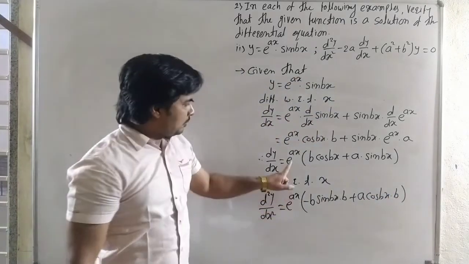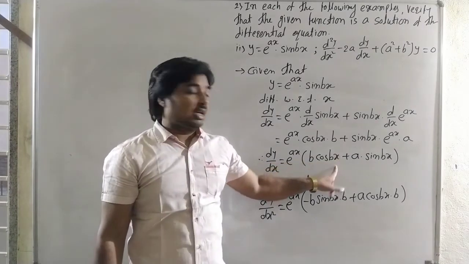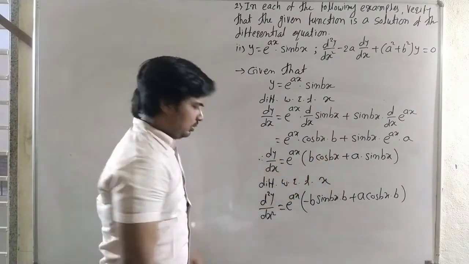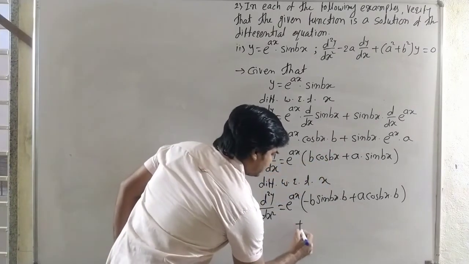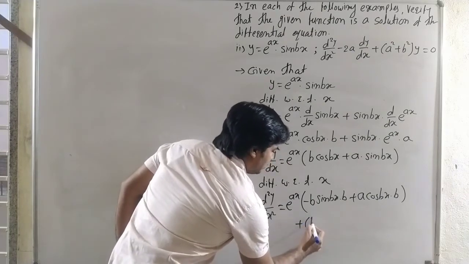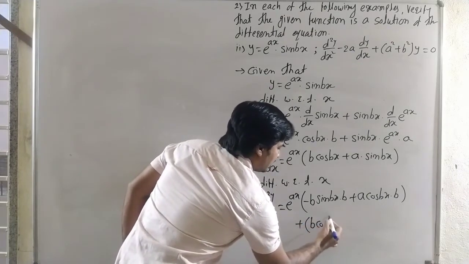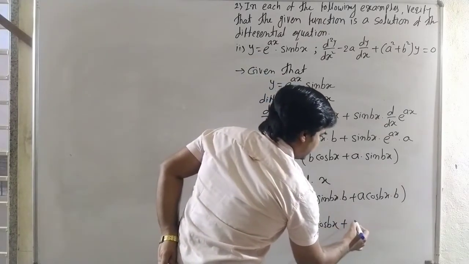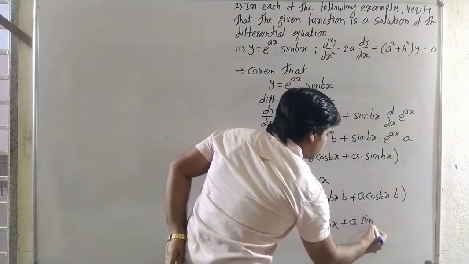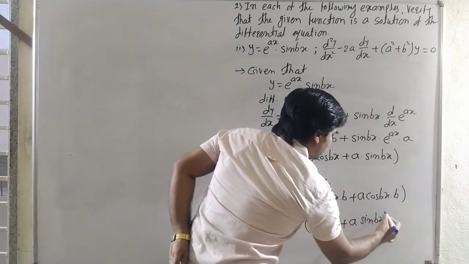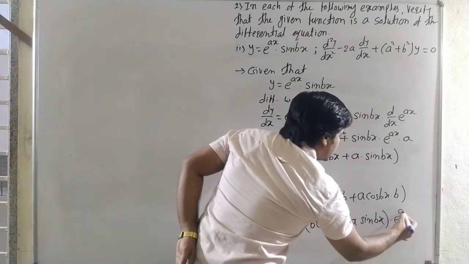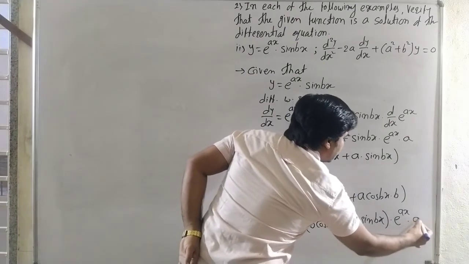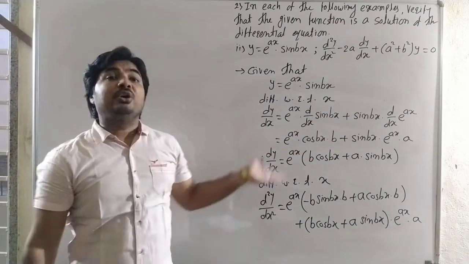Here it is the first as it is, derivative of the second. Now the second as it is, derivative of the first, then plus b cos bx plus a sin bx into derivative of the first, that is e raised to ax into a.